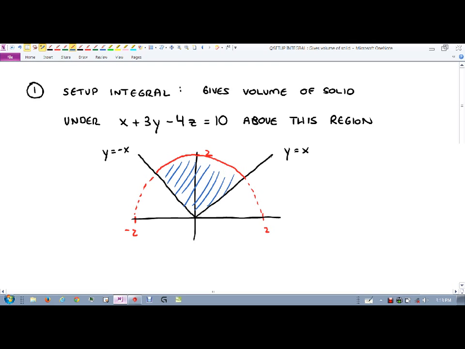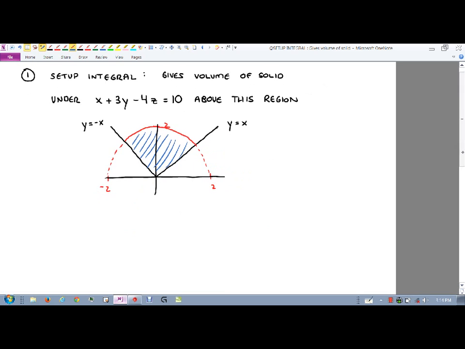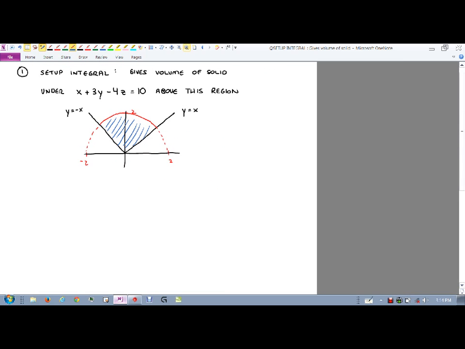The region is this region right here. I need some room to write.